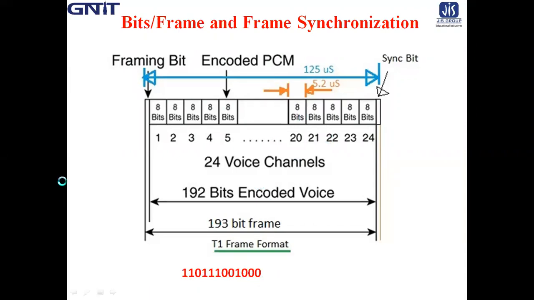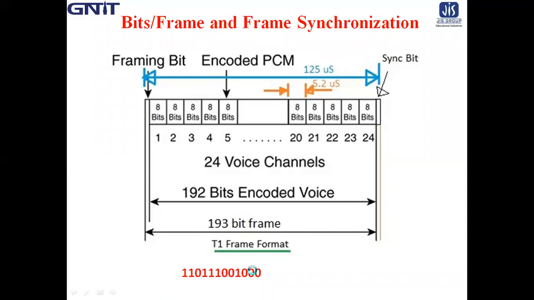That means in the first frame, say the first one is transmitted. In the second frame, the second one is transmitted for the frame synchronization bit. In the third frame, this 0 is transmitted for the frame synchronization bit.